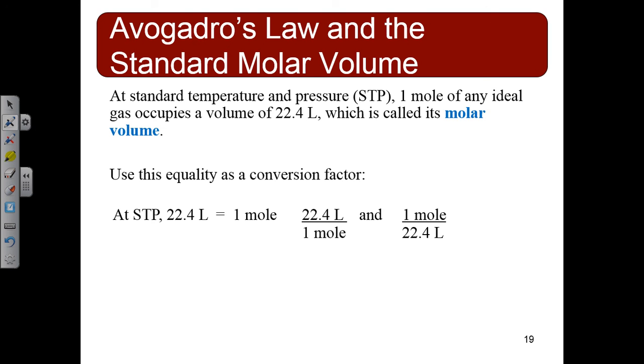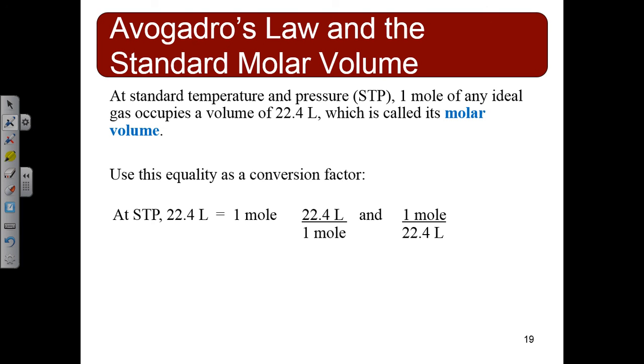For a gas, because they are so compressible and there are all these different variables, if you are at standard temperature and pressure, any gas is going to occupy 22.4 liters if you have 1 mole of it.